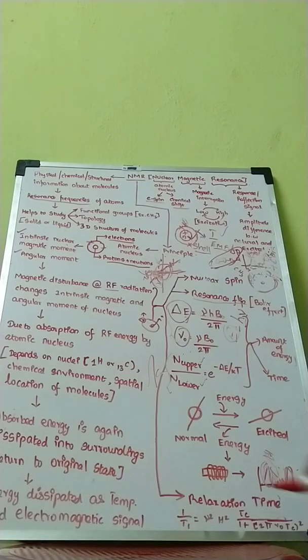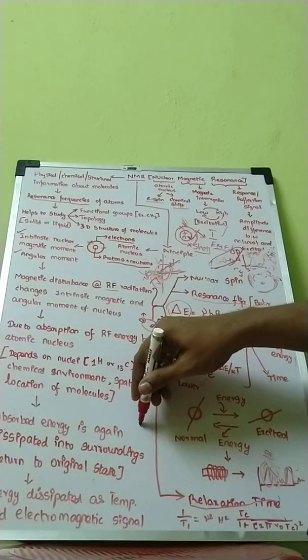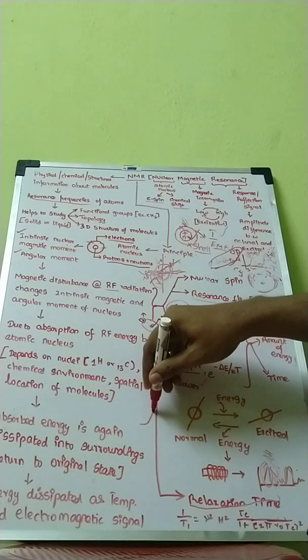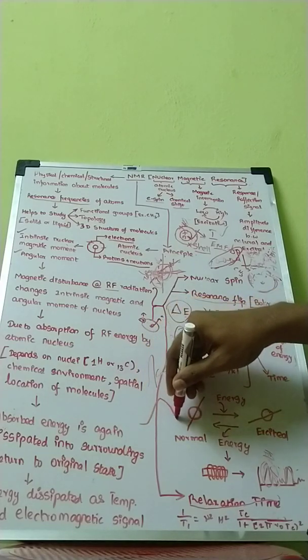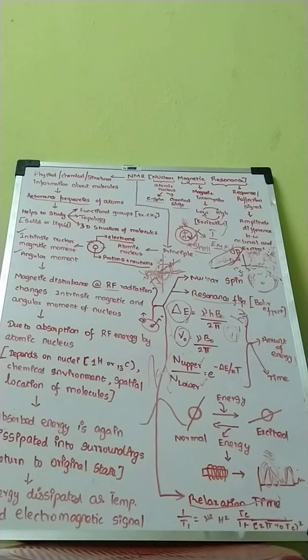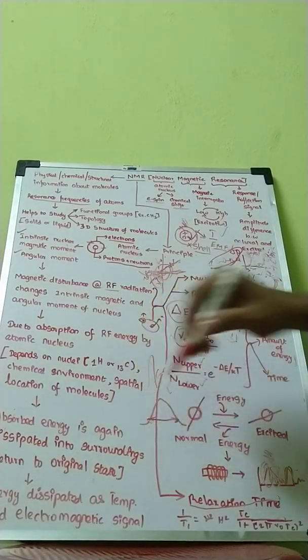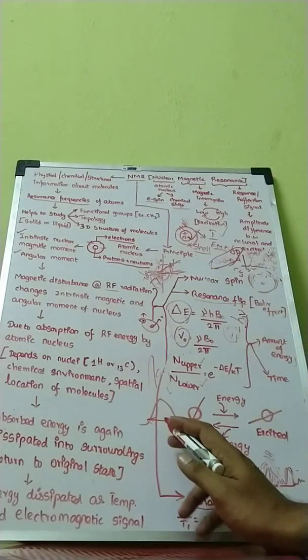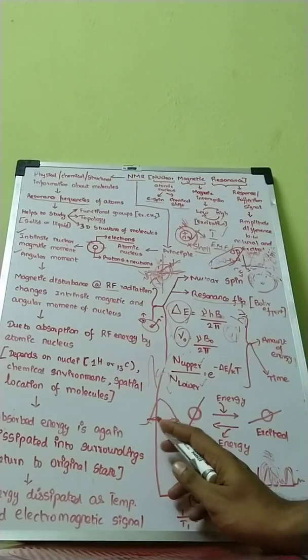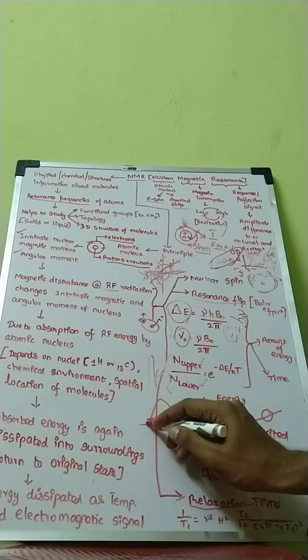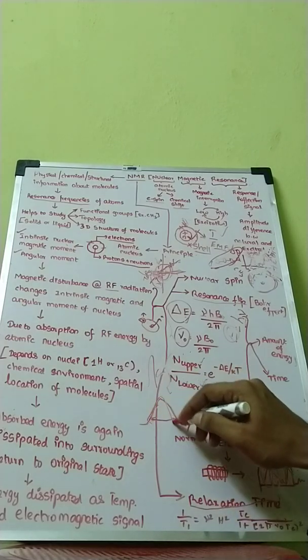Then there is the third aspect, called relaxation time. What is relaxation time? The time duration taken by an atom to go to an excited state and come back to the normal condition. That's what you call relaxation time. This relaxation time varies between atoms. For example, carbon and hydrogen. They may produce a similar peak height.